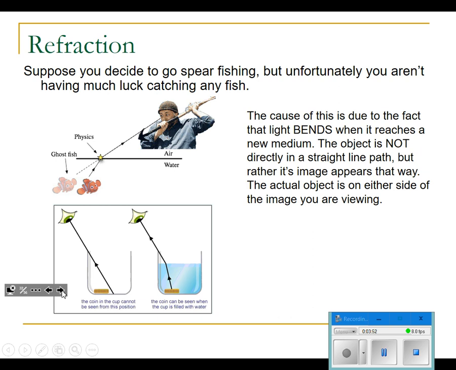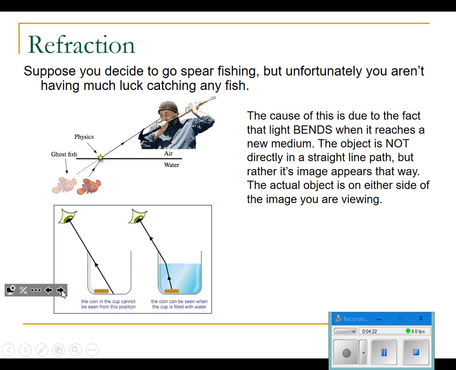So you think you're seeing where the ghost fish of Nemo is here, but really Nemo is over here. He's a little bit lower. The light bends as it comes out of the water into the air. So you have to think about the fact that you're going to actually have to aim a little bit closer to you when you're hunting for that fish.